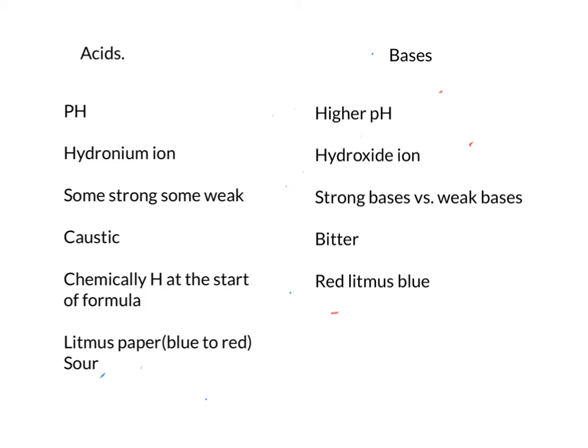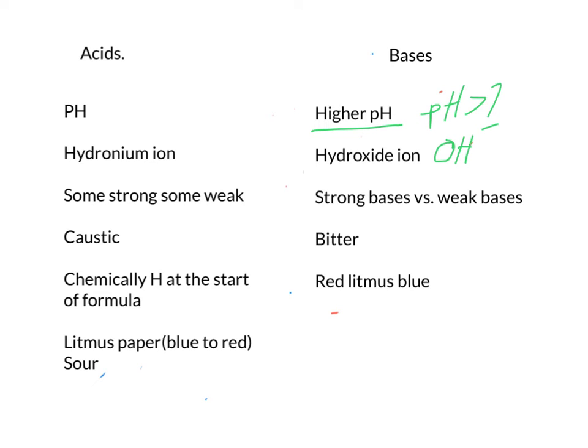Now, generally speaking, bases are the exact opposite of acids. They typically have much higher pHs; the pH of most basic solutions will be greater than 7, and most bases run from 7 to 14. The other thing about bases, unlike acids, is they have a different ion: the common ion for all bases is called the hydroxide ion.